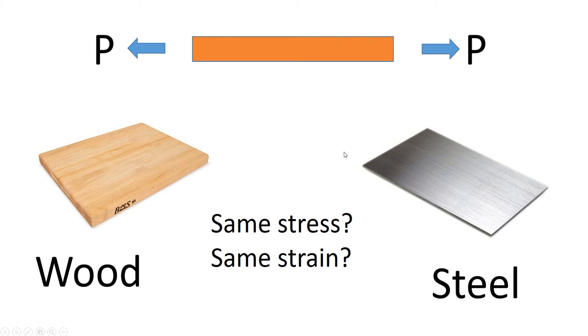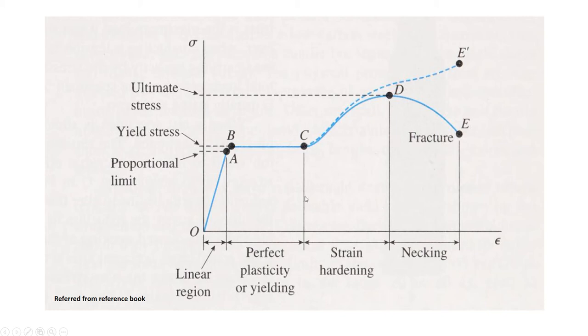But when you're talking about the constitutive law related to deformation, because there is a material property inside, it should be different strength but the same stress. This is the typical actual stress-strain curve for the metal material: elastic, plastic, strain hardening and fracture.